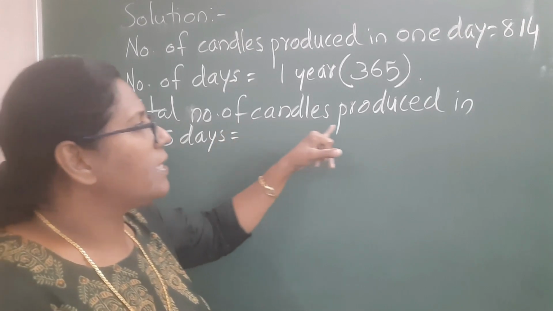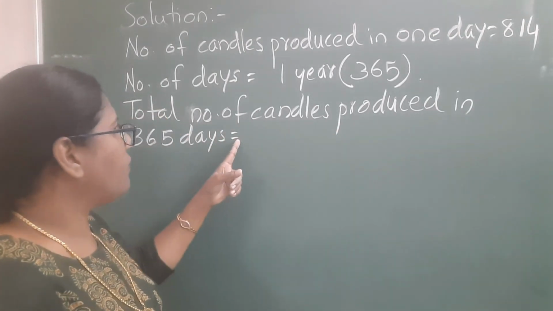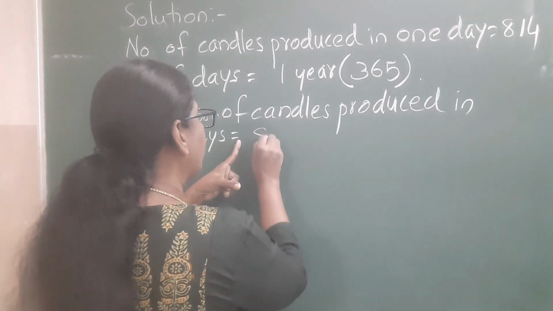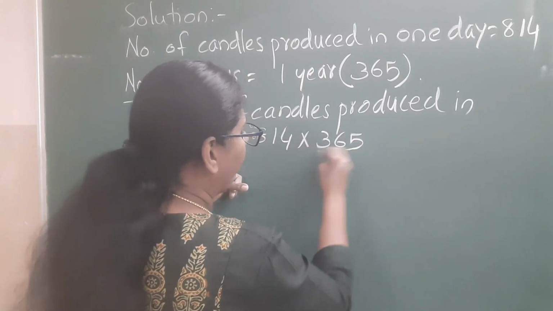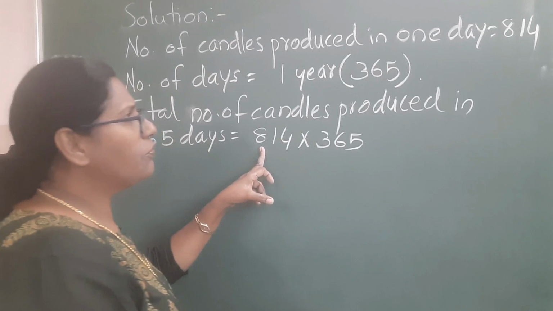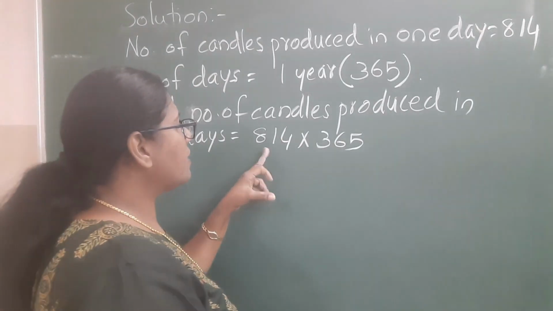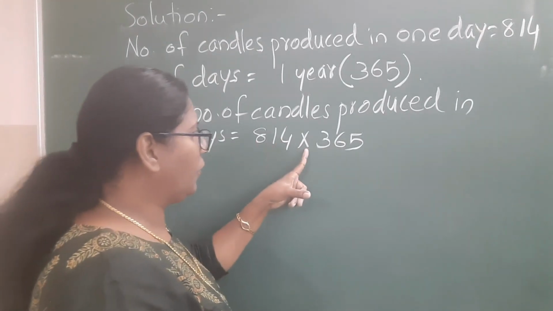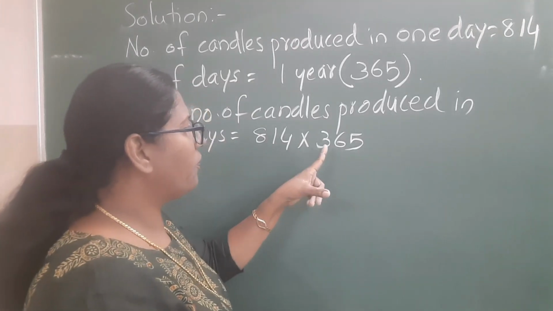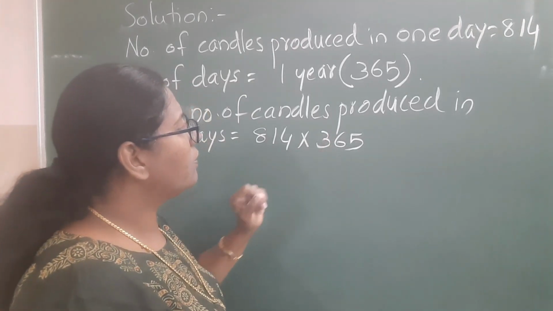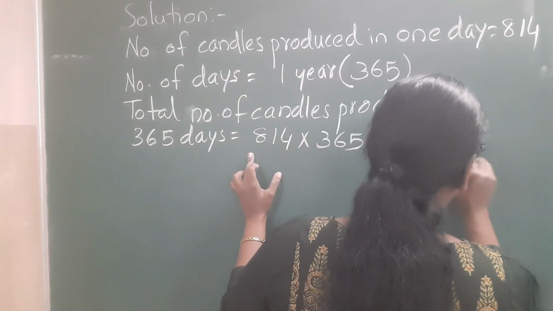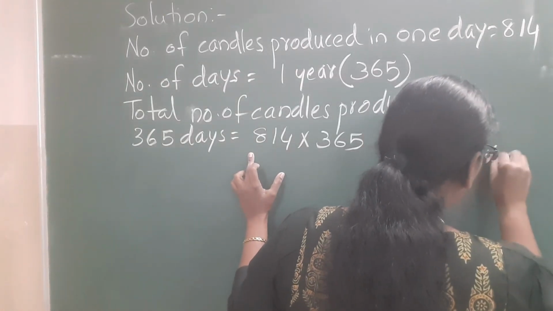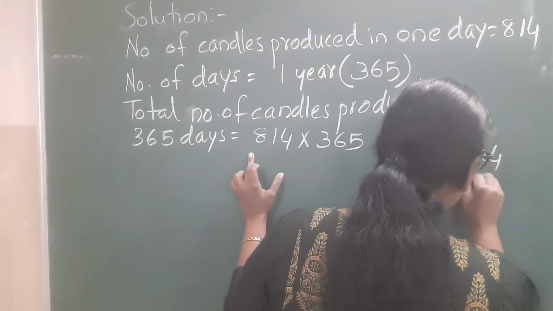Total number of candles produced in 365 days is equal to 814 into 365. 814 is the number of candles produced in 1 day into the number of days. So let's do the multiplication. 814 into 365.